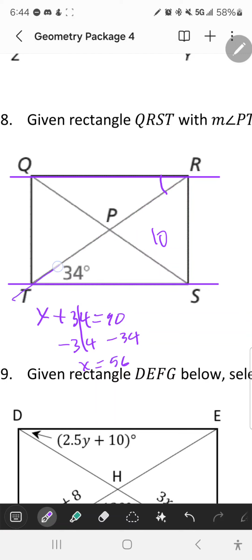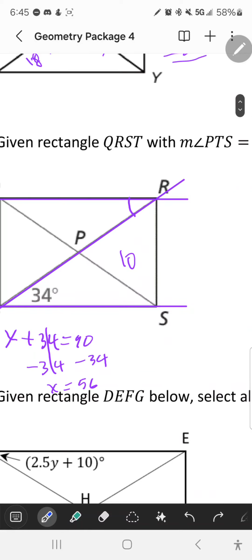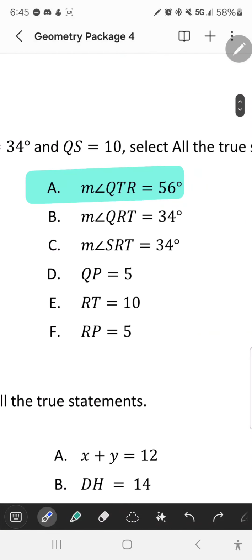As I explained in other videos, there is a Z made here, and the angles in the Z are alternate angles. If they are in the inside part, they are alternate interior angles. The property for alternate interior angles is that they are equal to each other. So QRT is equal to 34.